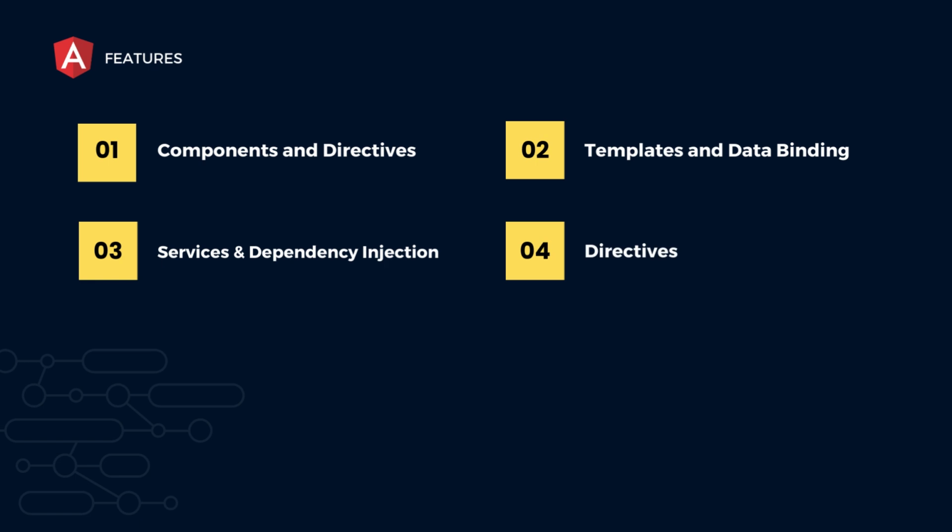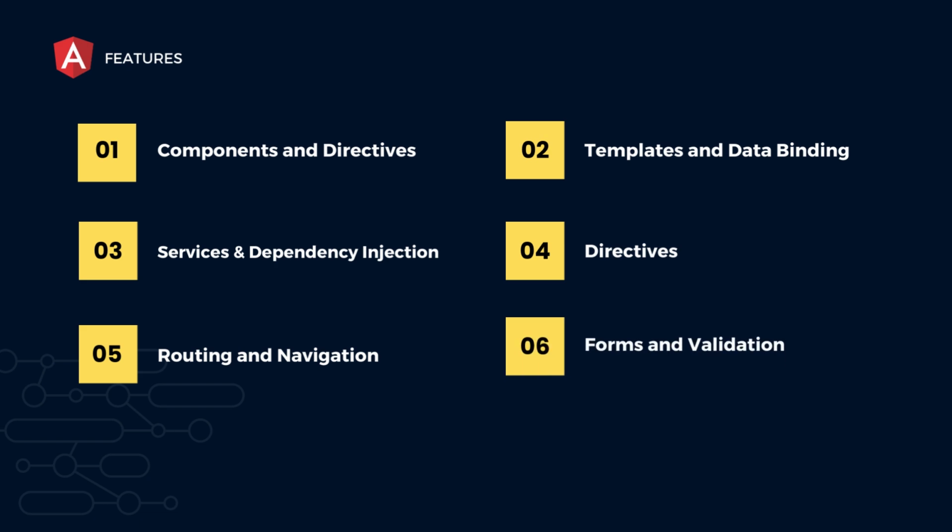Angular's directives allow developers to extend HTML and create reusable components that can be easily shared across multiple applications. Routing and navigation. Routing allows developers to map URLs to specific components, while navigation provides a way to move between different views in the application.